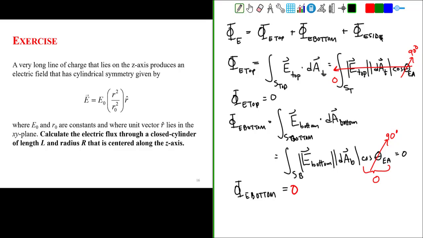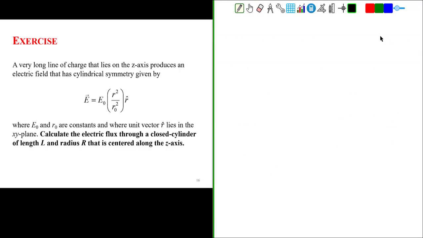Now that we've done that, just remember, anytime an electric field is perpendicular to the area vector of a surface, then the electric flux due to that electric field is 0. Well, now let's do the electric flux through the side.